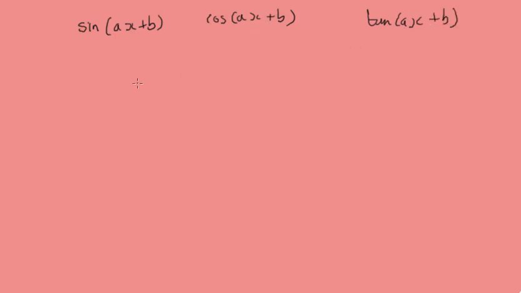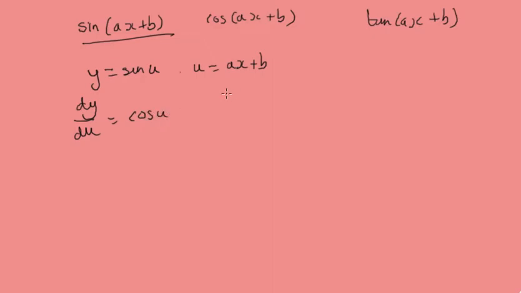So let us deal with this one first, and we'll just use the chain rule to work out what this would be. So we'd have y is sine u, where u is equal to ax plus b, and dy by du is going to be cosine u, and du by dx is equal to a.